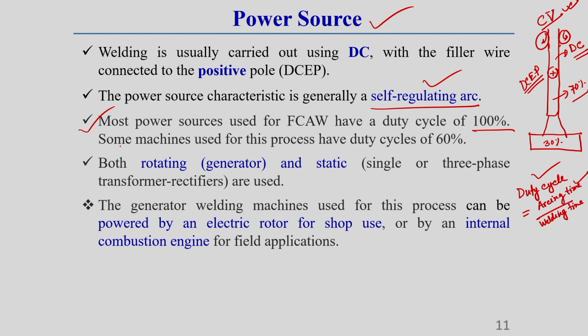Some machines have a duty cycle of the order of 60%. That means if your welding time is 10 minutes, out of 10 minutes 6 minutes is used for arcing, then your duty cycle will be 60%. Okay. So, this power source can be rotating type and it can be static type.